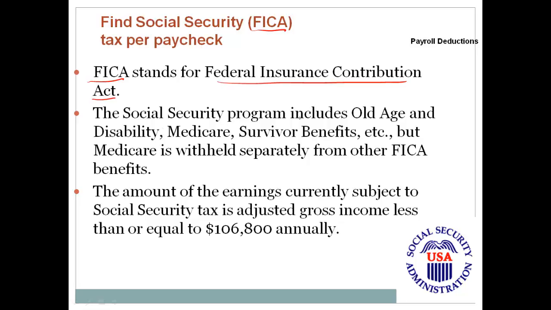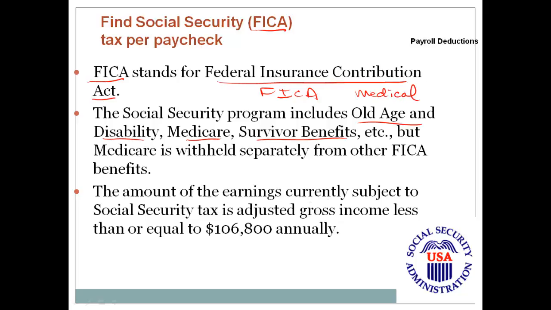But the Social Security program pays for things like old age and disability, Medicare, survivor benefits, and so forth. But the Medicare is withheld separately from other FICA benefits. So on your check, you'll see two deductions, one for FICA, and then another one will either say Medicare or sometimes it just says medical, but that will be your Medicare.